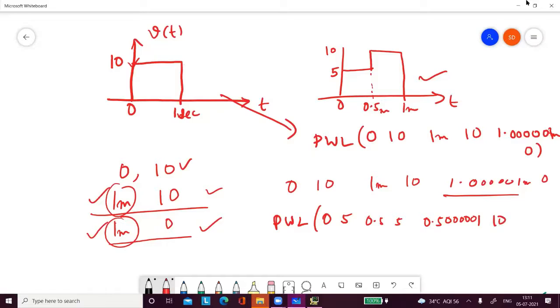Now at 1 millisecond it will be 10, and at 1.0000001 millisecond you have the 0 value. Understood?